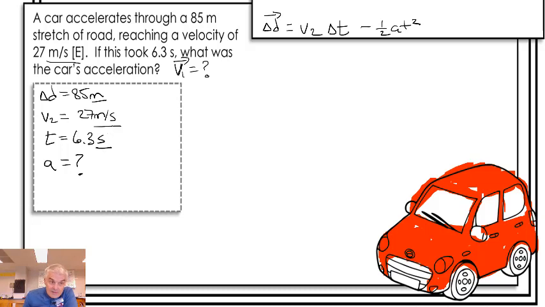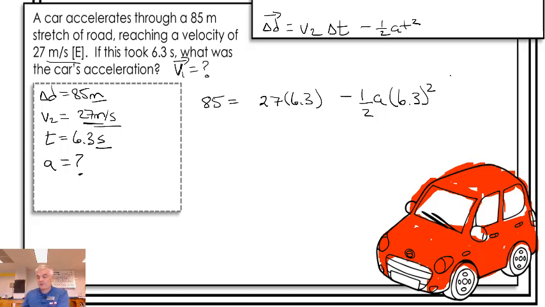No, so I'm a happy camper here. I'm going to just plug this in. I'm going to say 85 is equal to 27 times the time, 6.3, minus 1/2 times A times 6.3 squared.